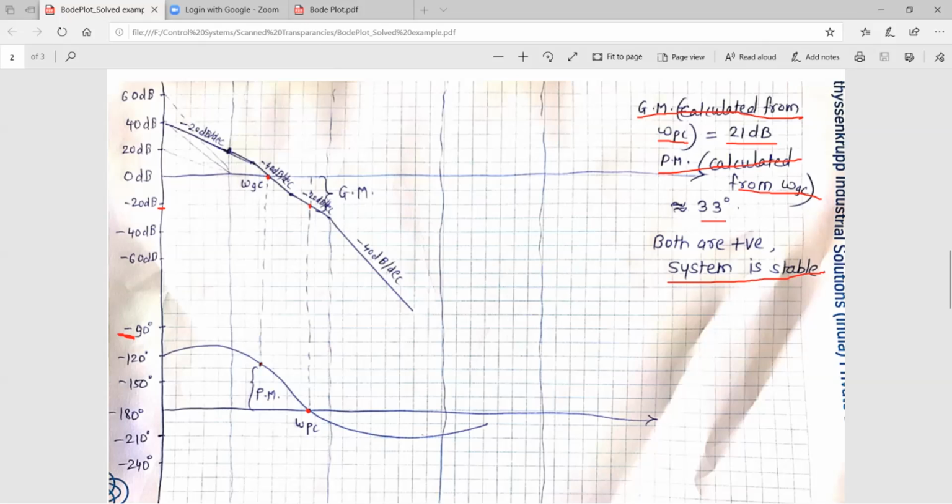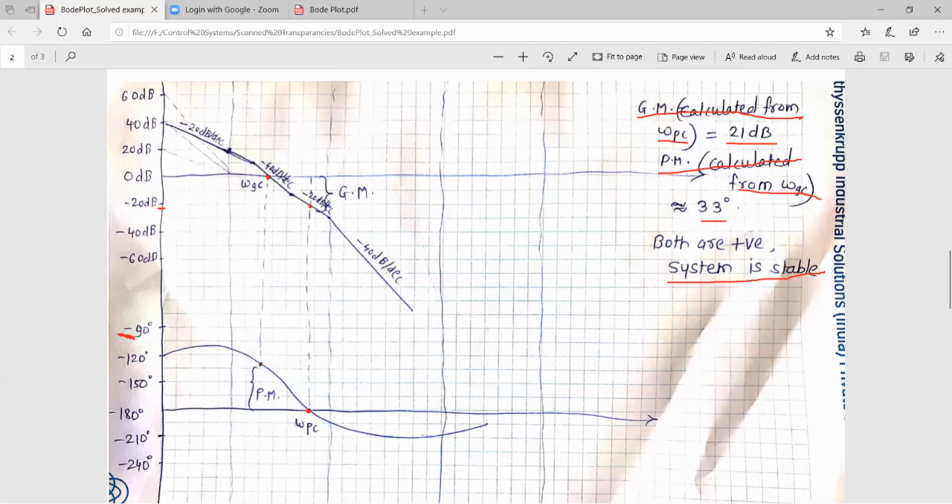The same happens with omega GC: take this line down and draw it till it crosses the phase plot. Then on the scale you calculate the gain margin, and from this the phase margin. Please remember that gain margin is calculated from omega PC and phase margin is calculated from omega GC. When both are positive, the system is stable.